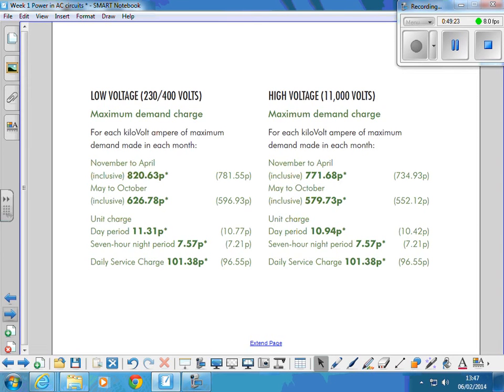We're going to discuss power factor correction possibly next week or the week after. There's a question in the tutorial questions that looks at the difference in cost if you improve the power factor by a certain amount. It's quite significant and important for people that are paying for the electricity.